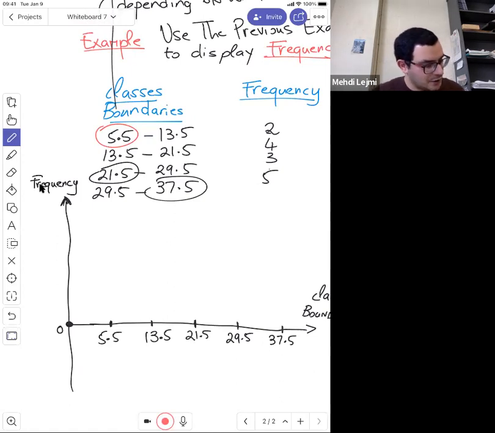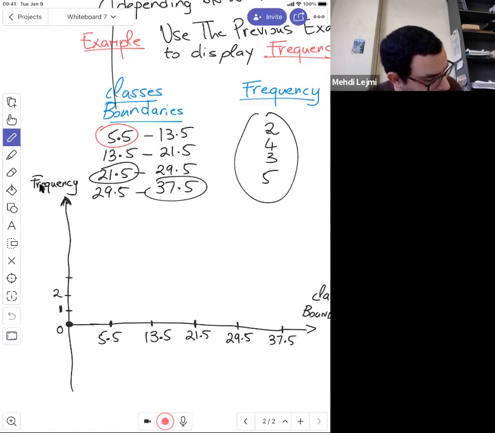Now I'm going to go up and plot my frequencies. The smallest frequency here is 2. This is just a number line, so we go up with positive numbers: 0, 1, 2, 3, 4, and 5.